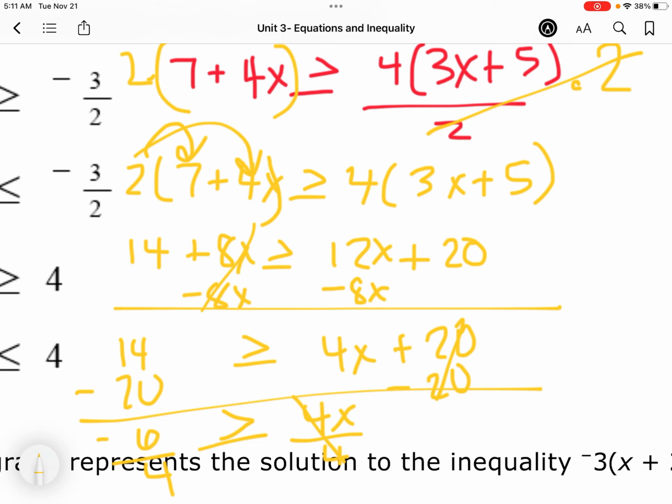So x is less than or equal to negative 6 over 4, which reduces to negative 3 over 2.